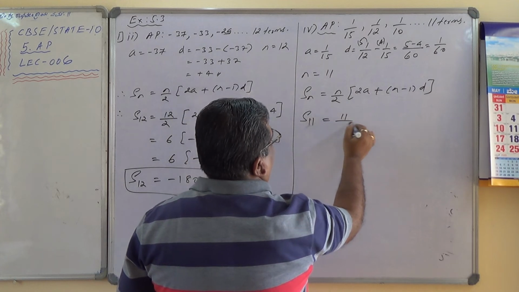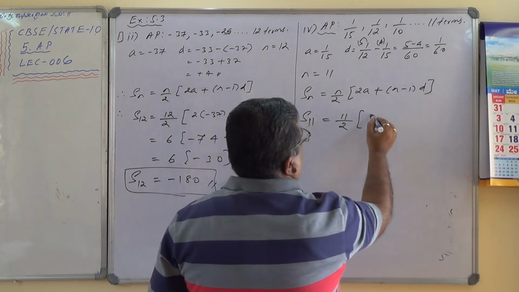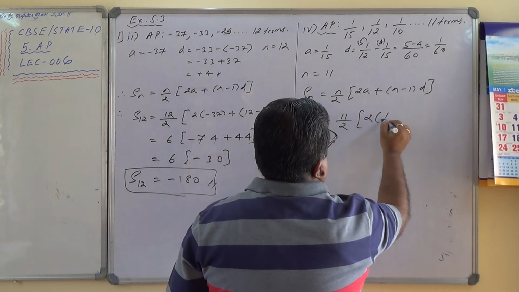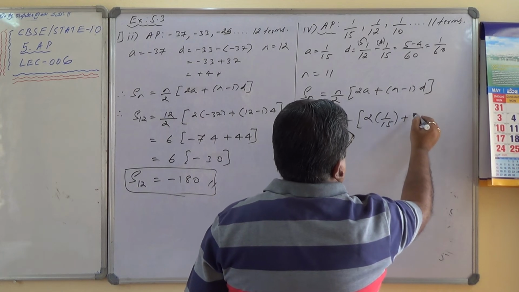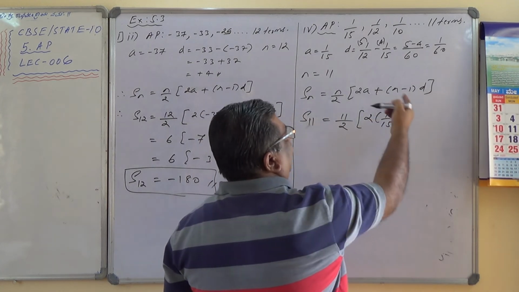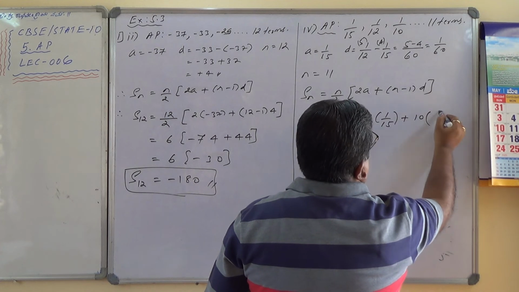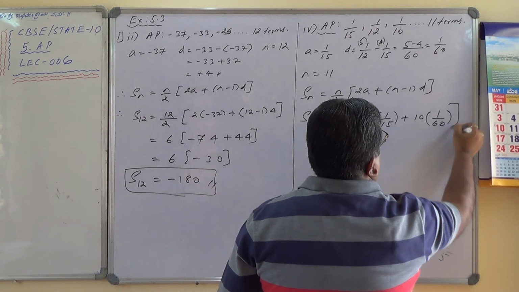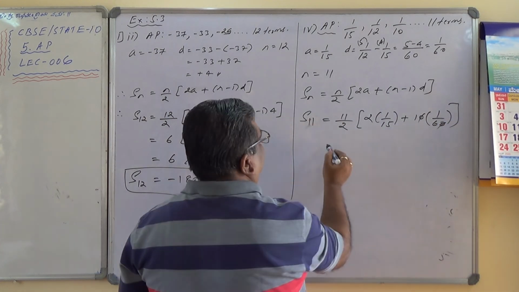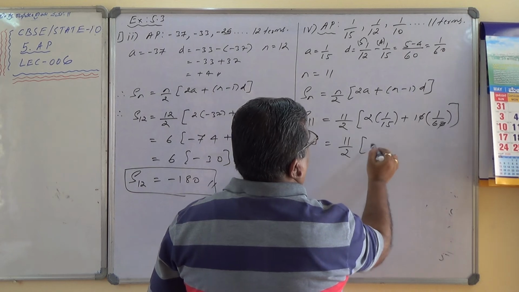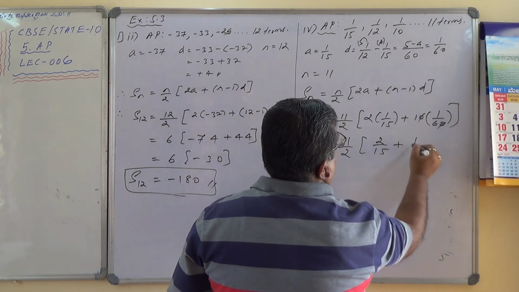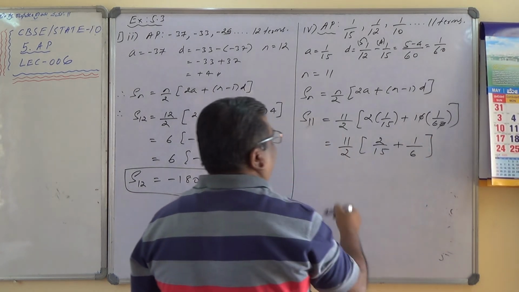S11 equals 11 by 2 into bracket 2 times 1 by 15 plus n minus 1, which is 10, times d. d is 1 by 60. 10 and 60 cancel, 1 by 6. 11 by 2 into 2 by 15 plus 1 by 6.